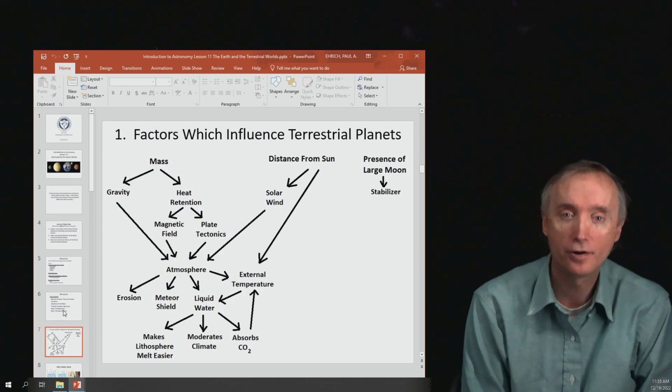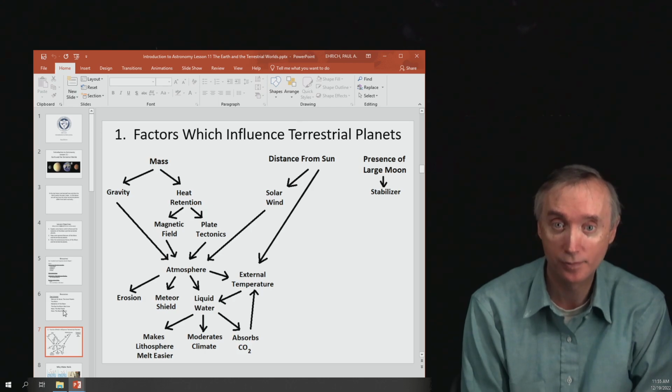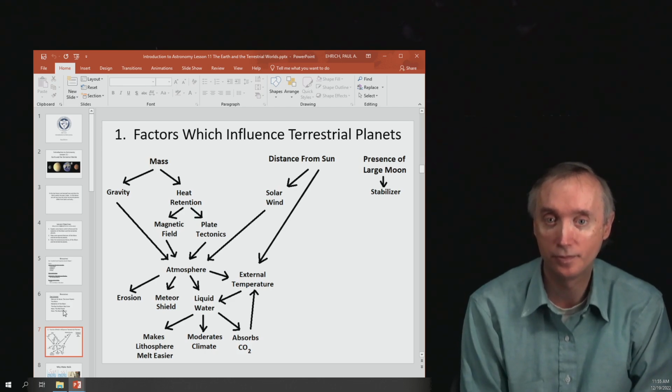Then the water is important because it absorbs carbon dioxide and makes limestone, and it helps to moderate the climate of the planet, and it also makes the lithosphere melt easier so that subduction can occur easier.